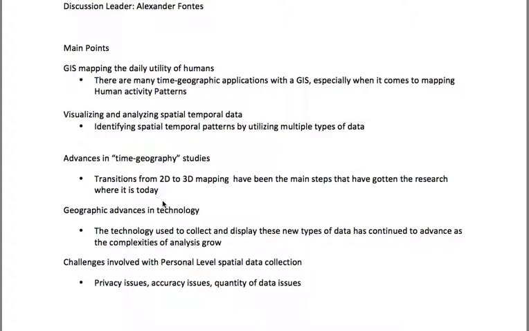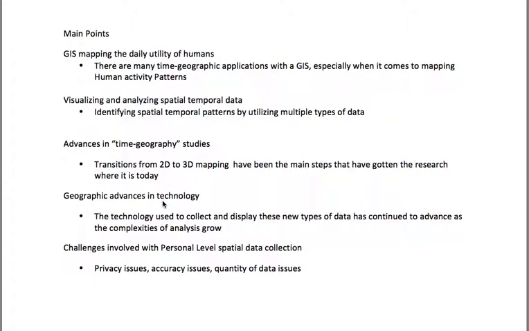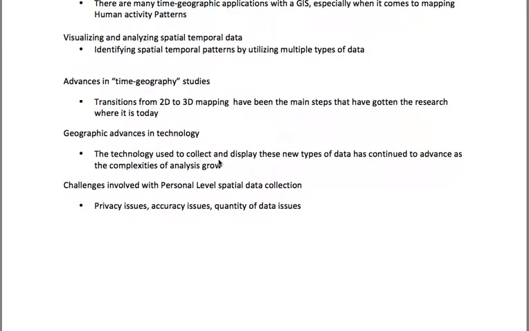One of the main points that they talk about a couple times during these articles is the transition from 2D to 3D mapping, and the steps they've gone through doing this research to get it to where it is today. Going along with the advances in research, another topic was geographic advances in technology. The technology used to collect and display these new types of data has continued to advance as the complexity of analysis has grown.